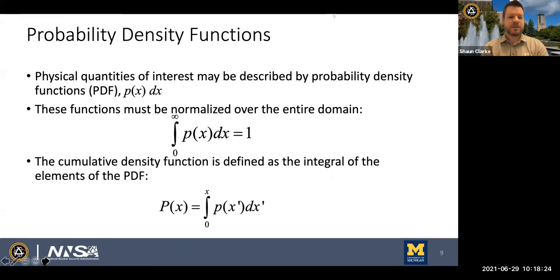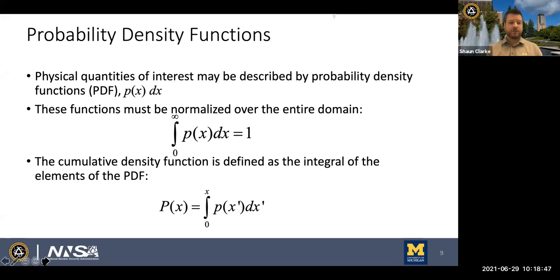So this P of x is the distribution that describes the probability of some behavior of the variable x. So maybe we're looking at an energy distribution, or an angular distribution, or a spatial distribution. That distribution, that behavior, is physically described by this function, P of x.